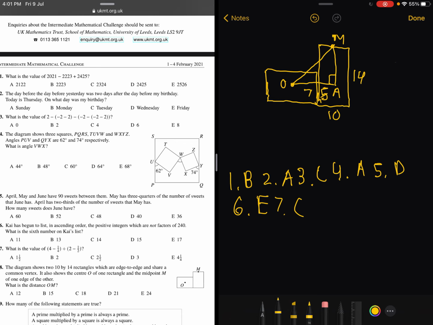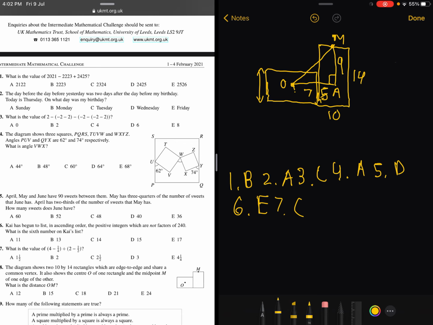Now we need to get MA. MA is the whole thing, 14, minus half of this length, because O is in the center and 14 is the total. So 14 minus the O to this point, which would be 5, giving us 9 over here.